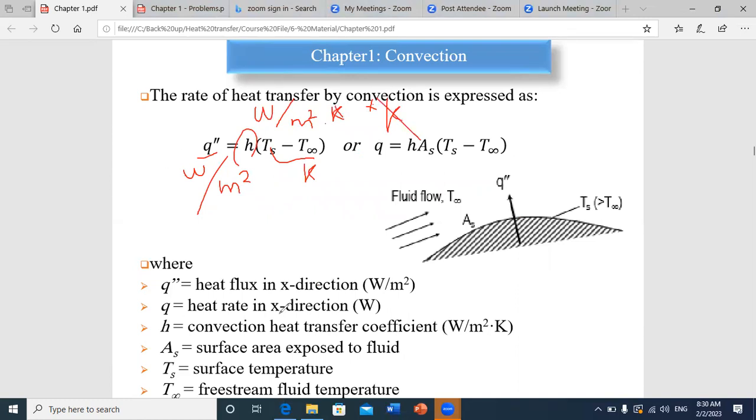And in case you want to calculate the heat rate by convection, then you should do h times A times delta T, where delta T is the difference between the surface temperature and the fluid temperature far from the surface.